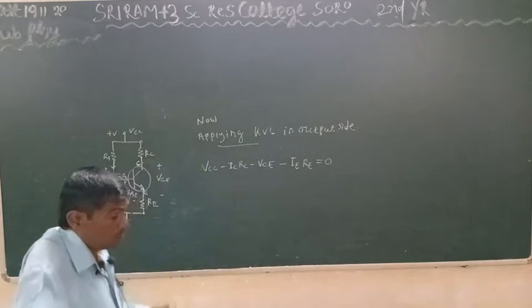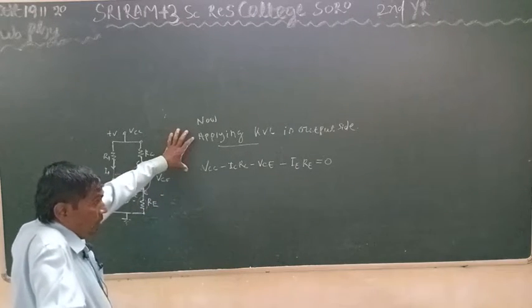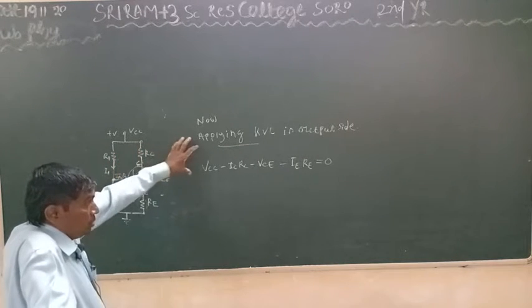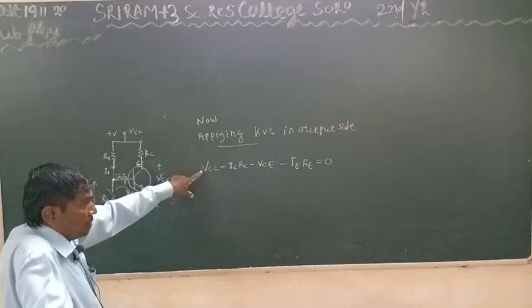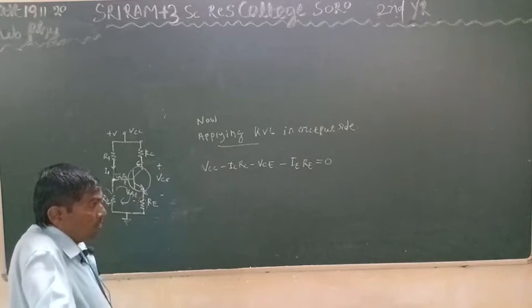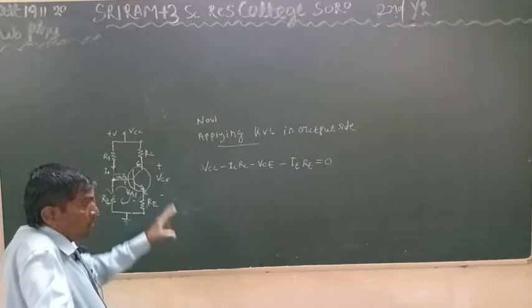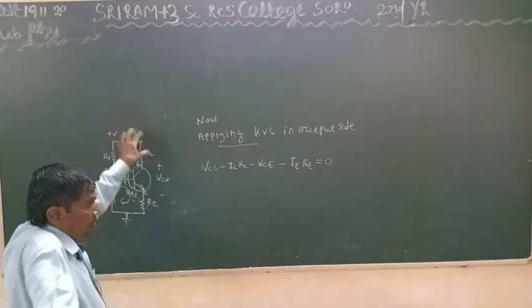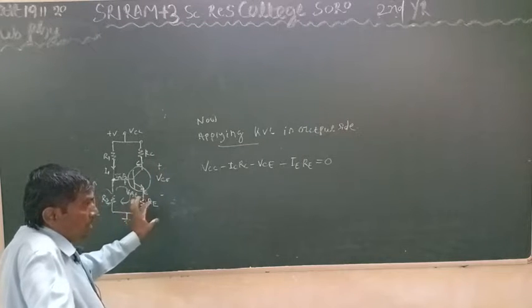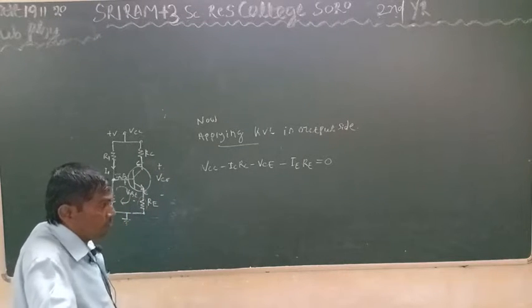According to Kirchhoff's voltage law, VCC, the applied voltage, is equal to the summation of the dropping voltages, or VCC minus ICRC minus VCE minus IERE equal to 0.